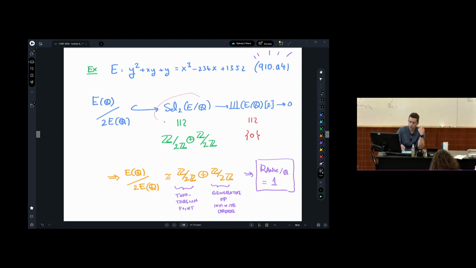In any case, you can compute the 2-Selmer group, and you can compute that the 2-Selmer group is actually Z/2 x Z/2. And by looking at the homogeneous spaces that I told you about, you can figure out that one of the spaces that generate this group of order 4 corresponds to a 2-torsion point, and the other space corresponds to a generator of infinite order, which is easy to find because it was like (8, -8).